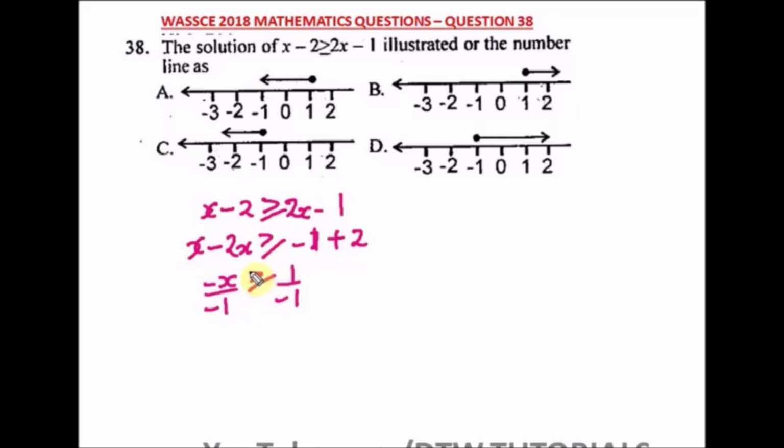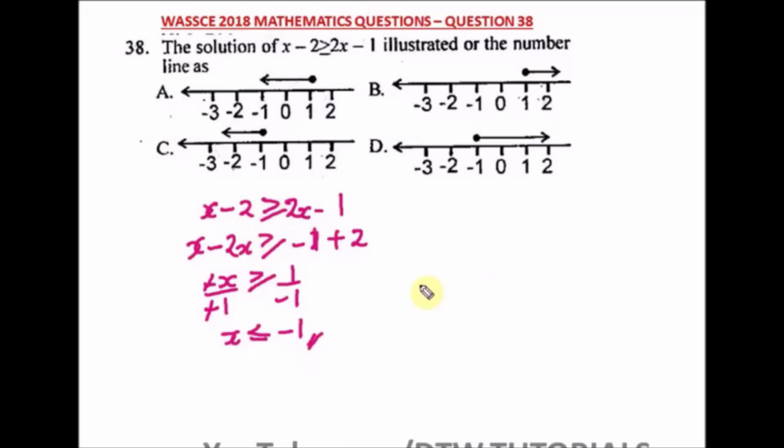Okay, so it will invert. This greater than sign will become less than. This negative will cancel this negative here, so we have minus 1 here. x divided by 1 is still x. So we have x, change the sign, less than or equal to minus 1. Okay, so this is the solution of this equation.